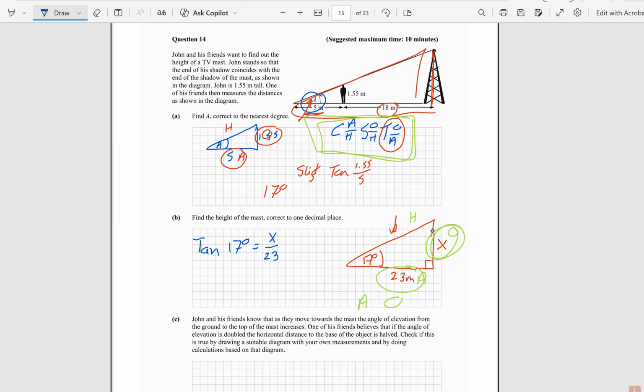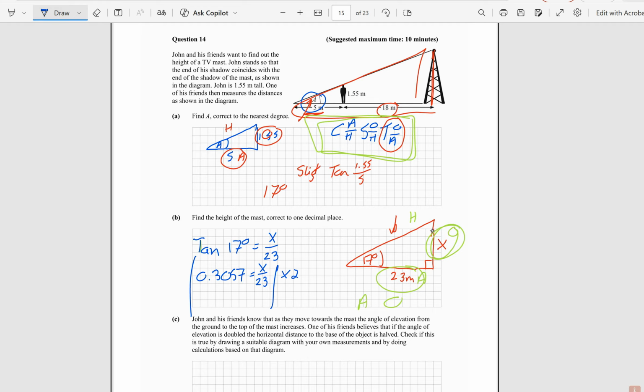Right. If we press the tan of 17 degrees, let's try it. Tan 17 equals, we get 0.3057 equals x over 23.